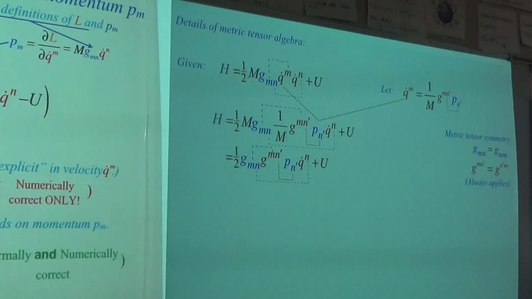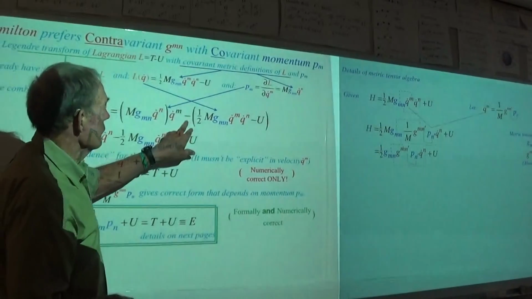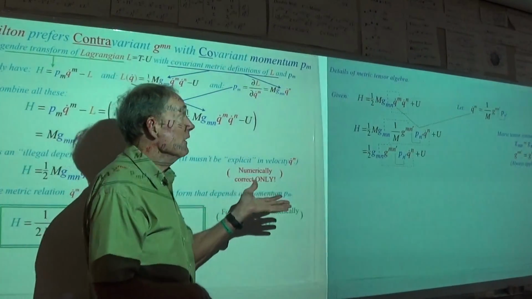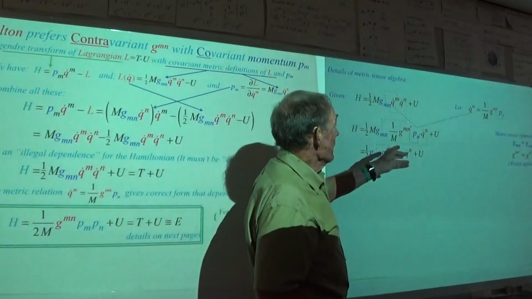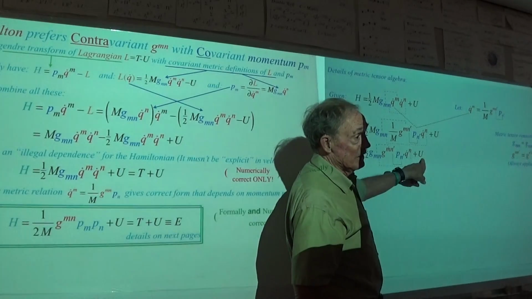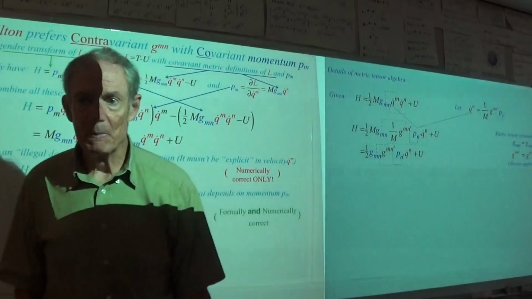But you'll notice what's happened here: because we have a minus here times a minus here, the potential, which in the Lagrangian had a minus sign in front of it, in the Hamiltonian has a plus sign. Big difference.